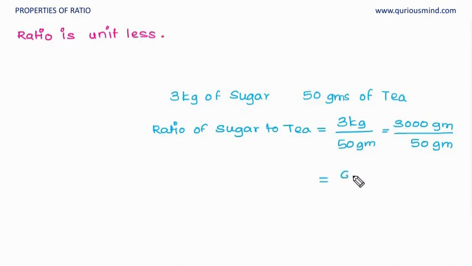So it will be 60 upon 1. And hence the ratio is going to be 60:1. So we now get another property of ratio, that to find ratio, the quantities must be in same measurement unit.